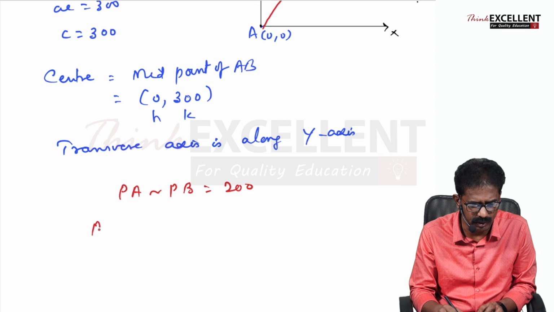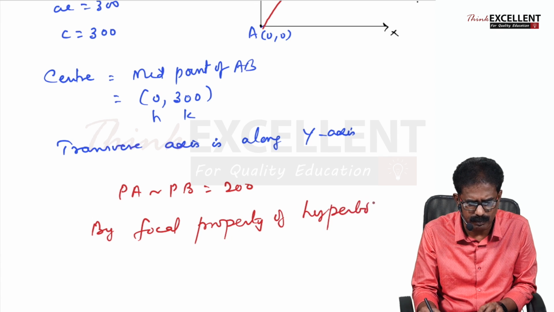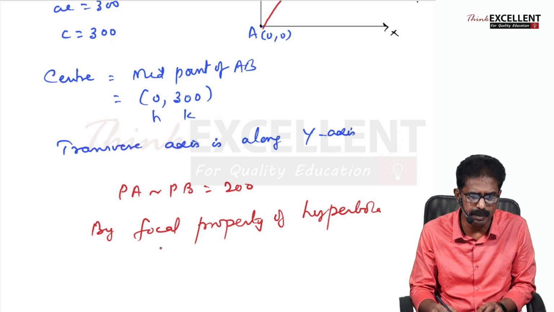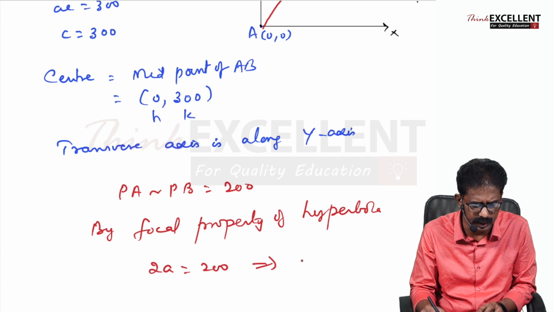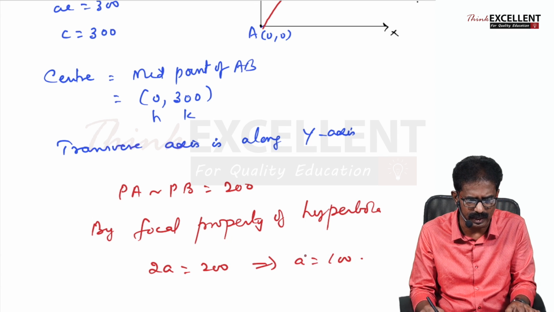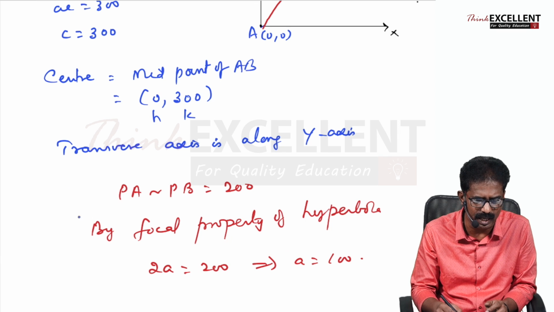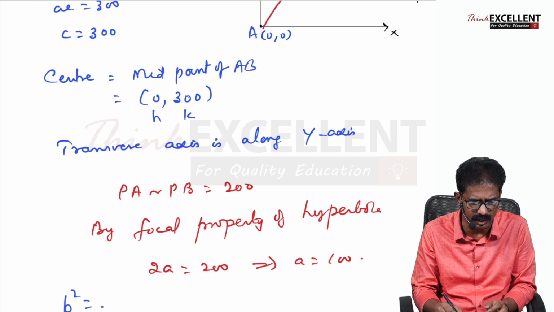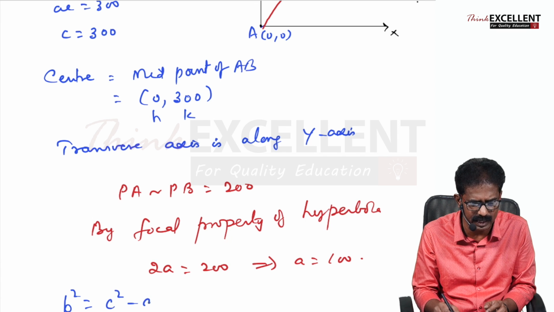So by the bifocal property of the hyperbola, PA minus PB is equal to 2a. 2a is 200, so a is equal to 100. A value, and c we already have, so you can find b square. In the previous question we wrote b square equals c square minus a square.